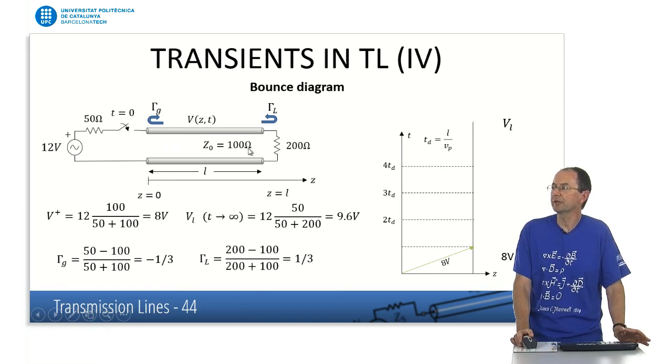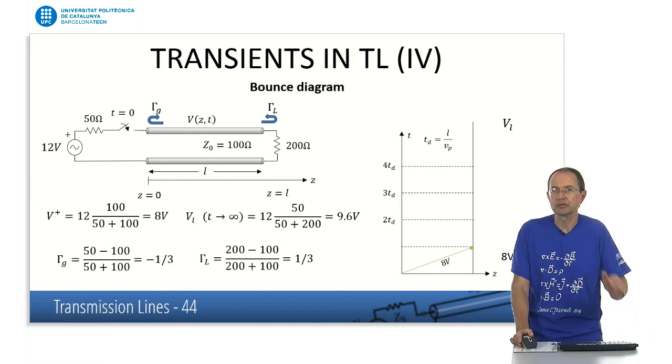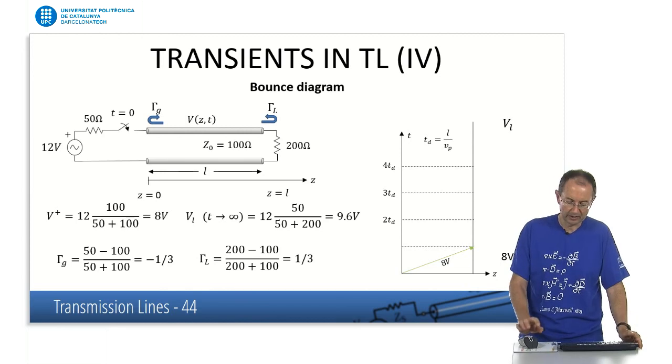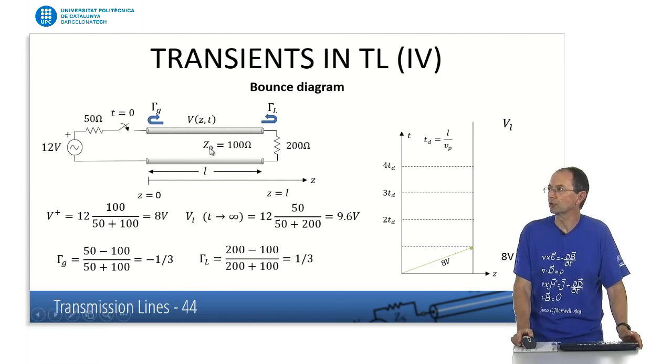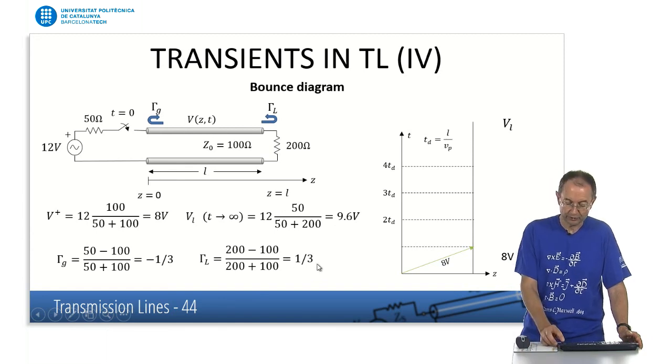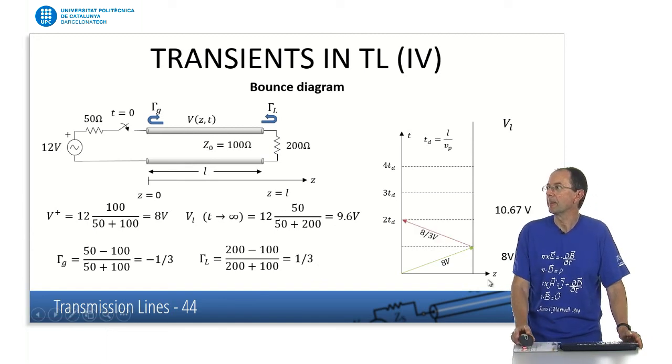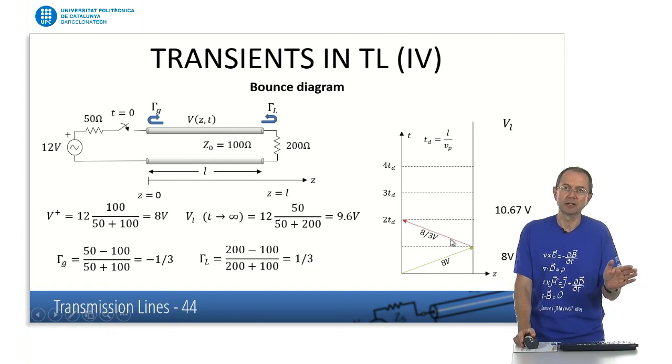At the moment, nothing happens, just an 8-volt positive edge, which is being transmitted towards the end. But then we reach the end, and at the end we have a mismatch, which is +1/3. So this means a backward wave.